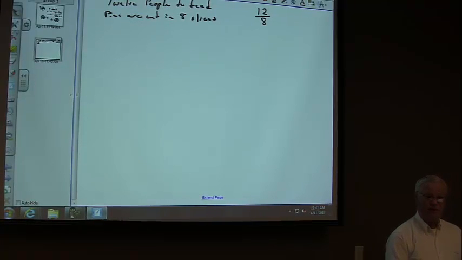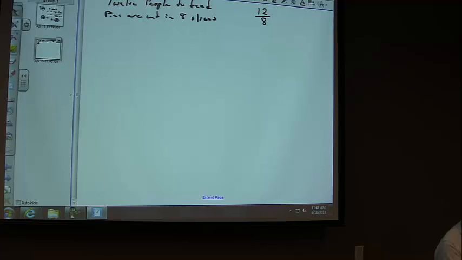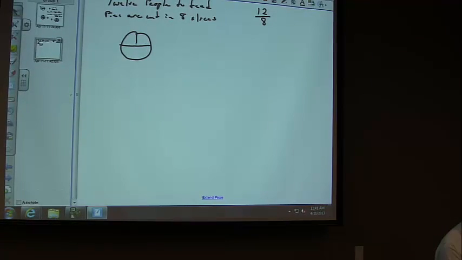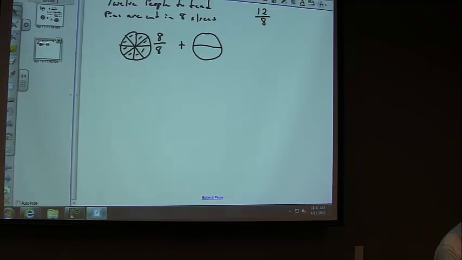Oh, well, can I picture that in my mind? I should see then pizza pies that are cut in 8ths. And when I take all these slices, I have 1, 2, 3, 4, 5, 6, 7, 8. So that's only 8/8. I need 4 more, don't I? So I want to order another pie, and I'll cut it into 8ths.